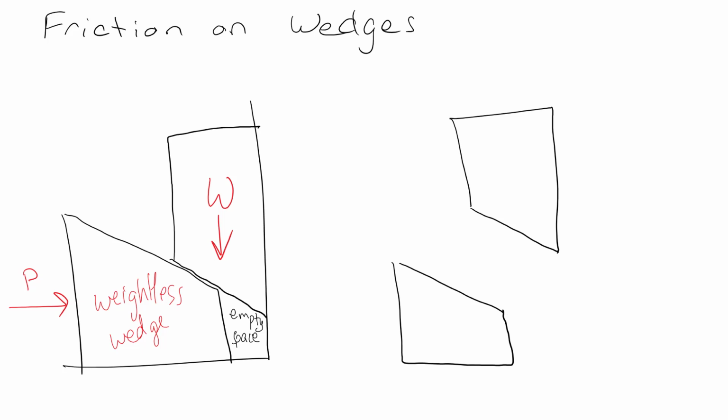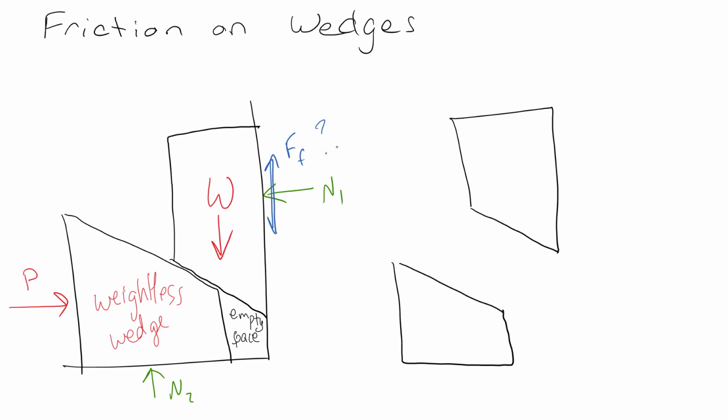If I'm looking at the system, I could say that there's some kind of a normal force here because it's touching, and then there's some kind of a normal force here: normal 1, normal 2. And I know there's some kind of friction, but I can't decide which way it's going. That's not supposed to be squared, that's supposed to be a question mark.